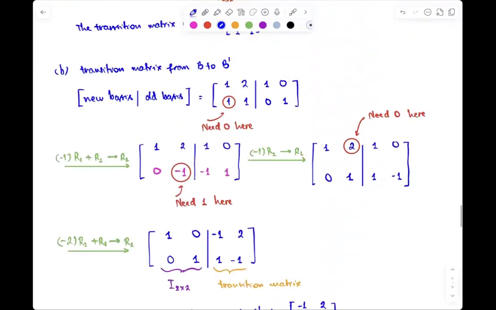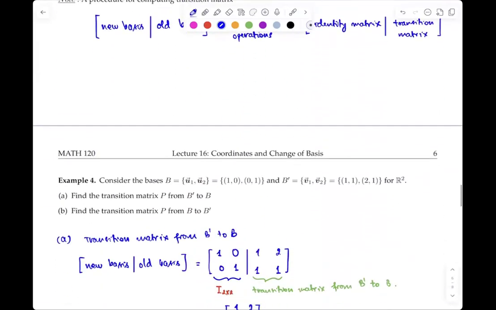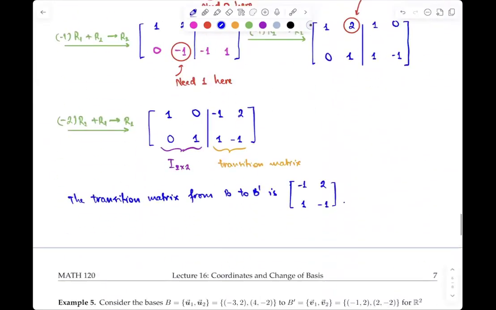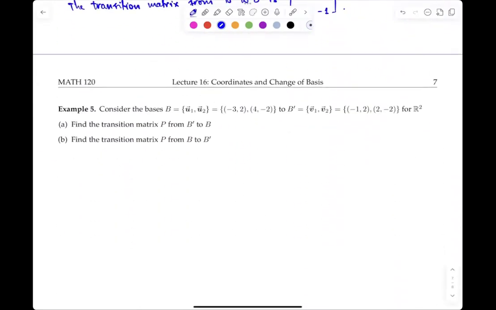So in example 4, you have basis B as the standard basis, and B prime is the non-standard basis. Now in example 5, you have both bases to be non-standard. And you're going to go through the same procedure as before to obtain the transition matrix.